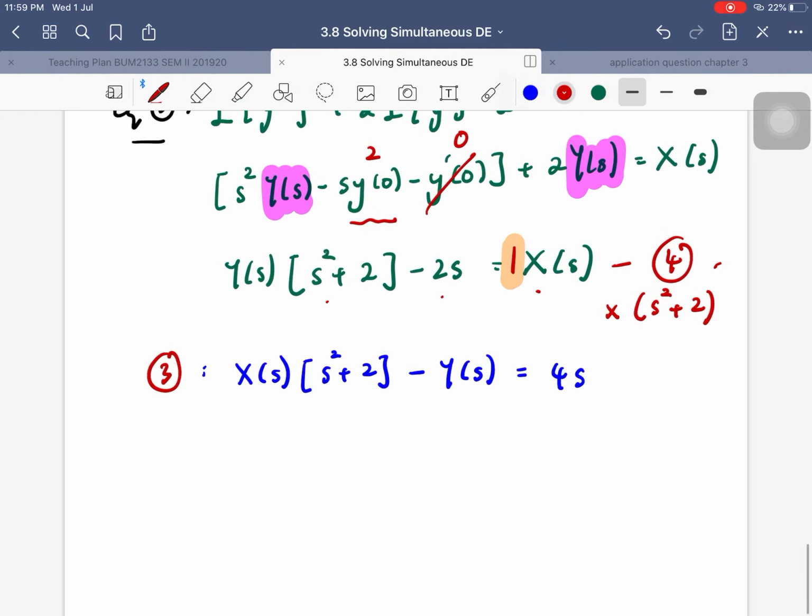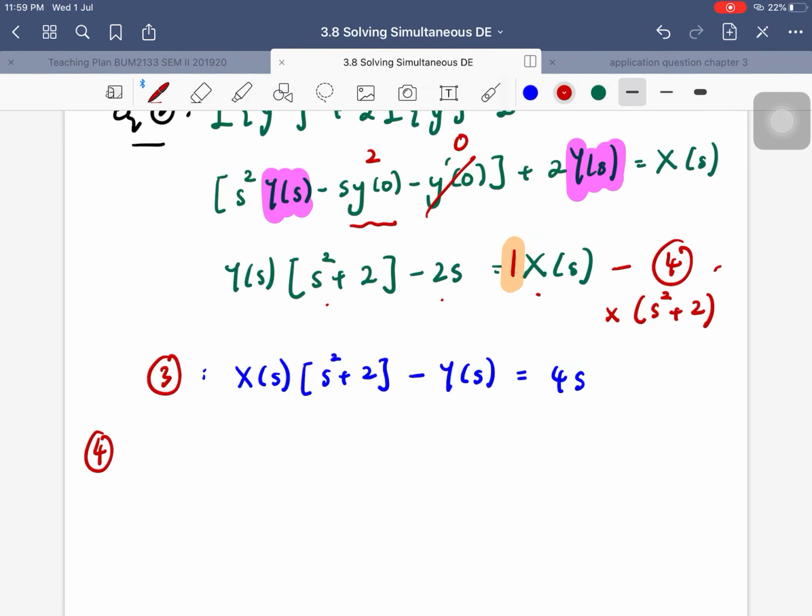Now for equation number 4, I am supposed to multiply each of the terms by s squared plus 2. So now the equation is going to change. I'm going to have Y(s) multiplied by (s squared plus 2) and another (s squared plus 2). So that will be (s squared plus 2) squared. Sorry, I'm not going to put the middle term right here.